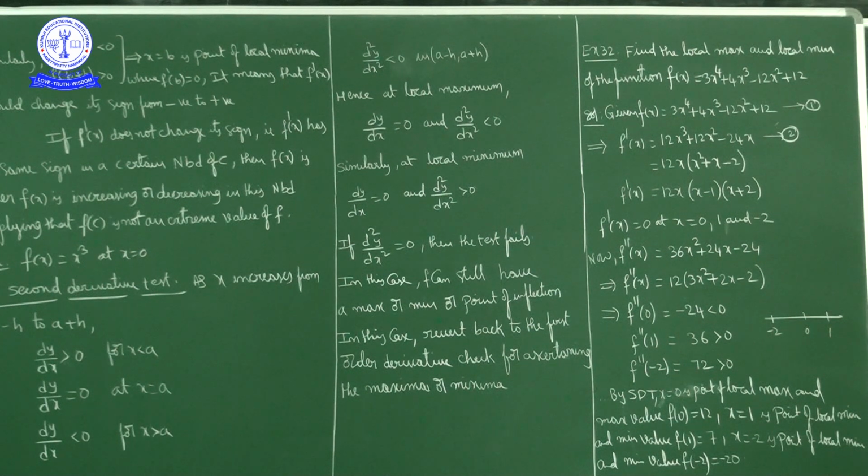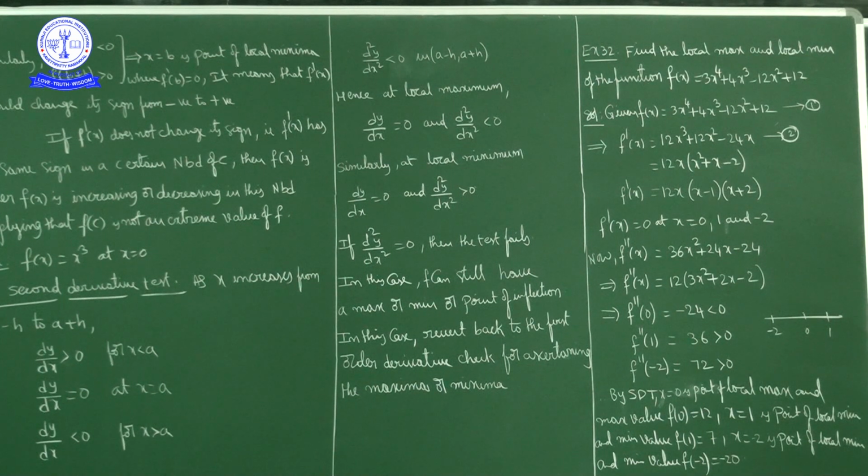Now suppose f dash of x equals 0 at x equal to c, but f double dash of x at x equal to c is 0. In that case the test fails. We will go back to the first derivative test to check whether it is a point of maxima, minima or inflection. But this is the second derivative test.